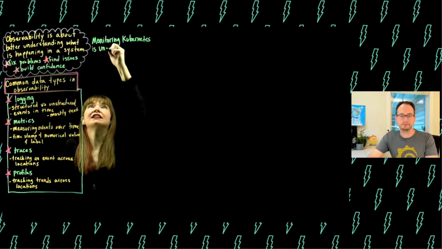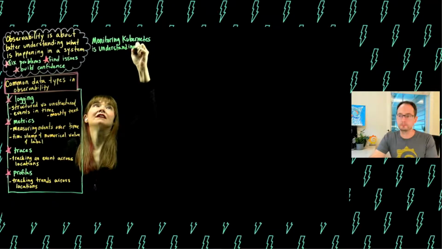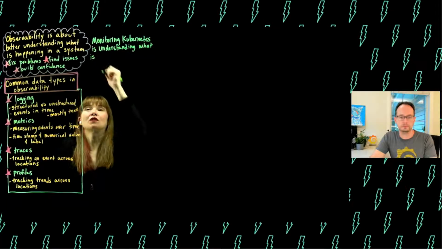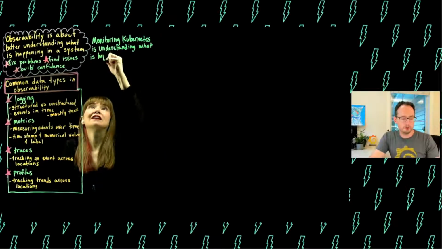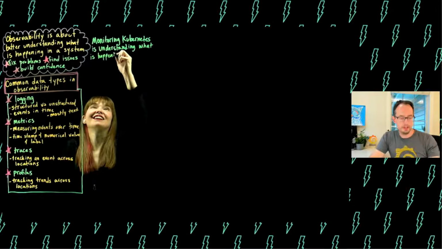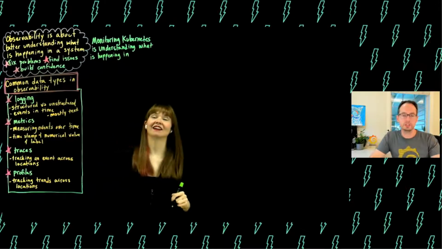Is understanding what is happening in your cluster, or across clusters, or is it a single cluster? It mostly focuses on one cluster, but there are definitely places where looking cross-cluster is important.